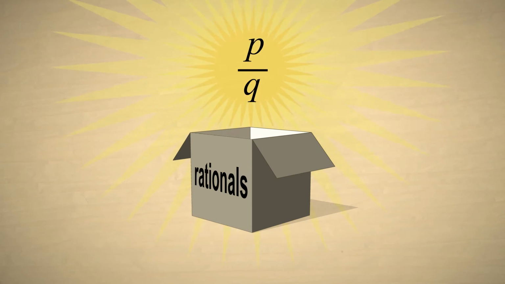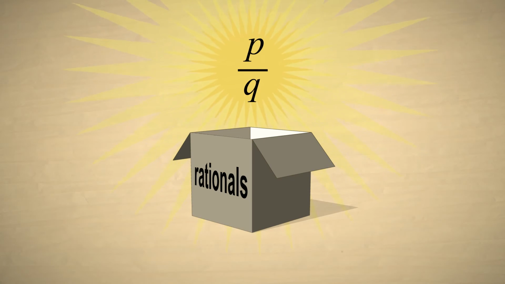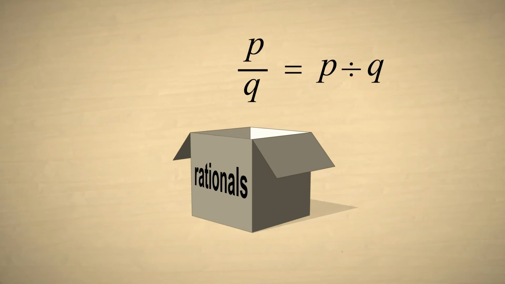Rational numbers are defined as any number whose value can be represented as a fraction p over q, where p and q are both integers. The value of the rational number is the quantity obtained by dividing p by q. We must add the caveat that q cannot be 0, since dividing anything by 0 is meaningless.